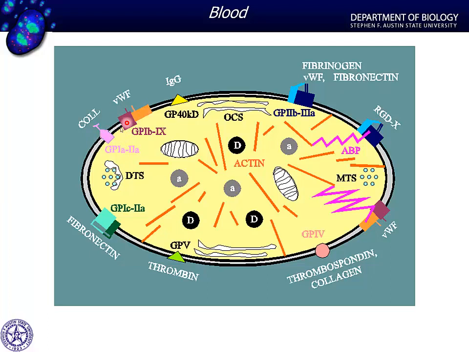And so these are going to bind those components of the extracellular matrix underlying endothelial cells. That's what these receptors will encounter if there's a vascular injury. And in many instances, binding of these receptors will trigger a second messenger response that's going to lead to the rapid degranulation and release of materials from these platelets, resulting in a platelet plug formation.